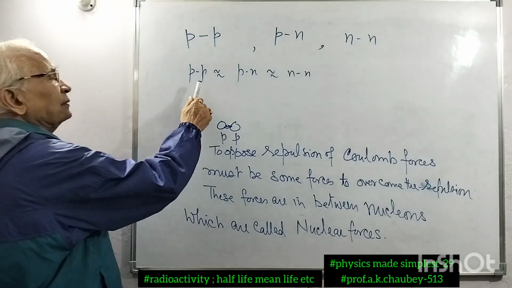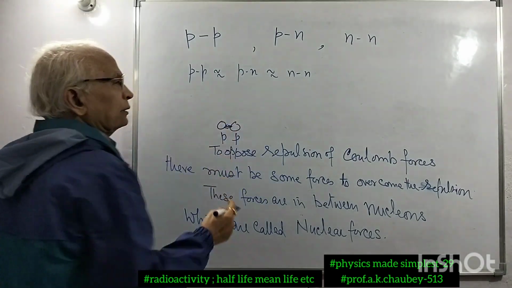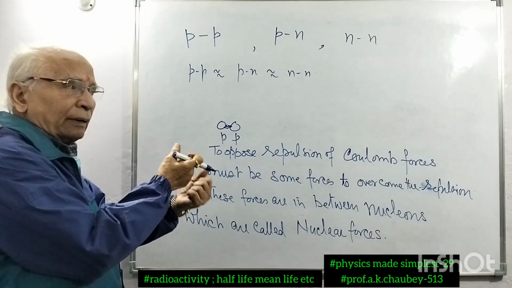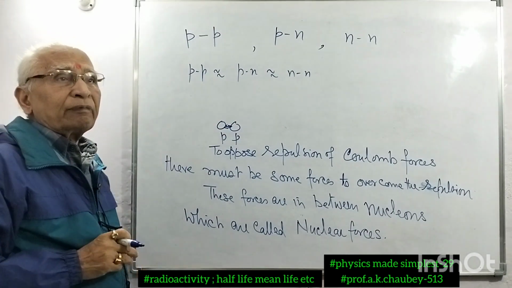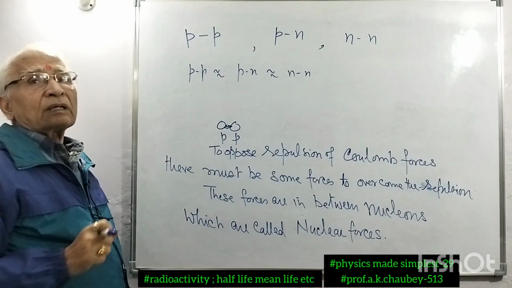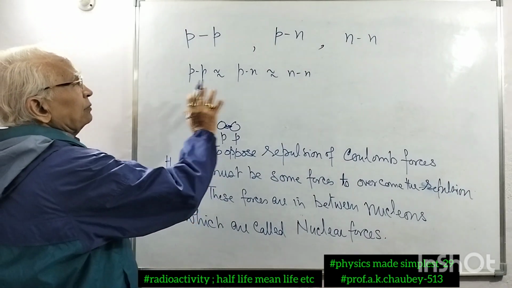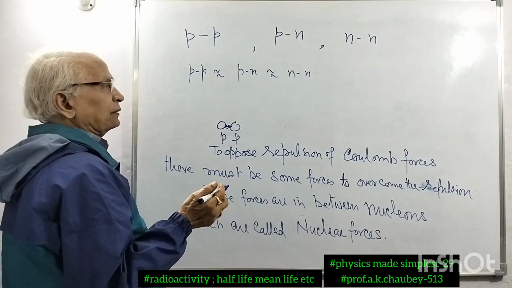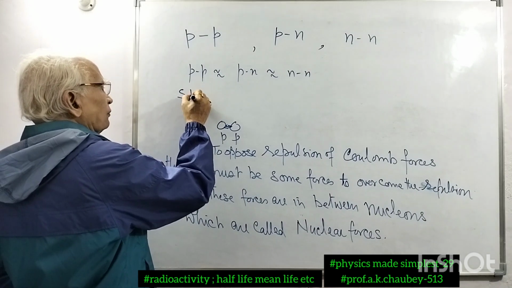The stability reason is that each nucleon has some attractive forces which are much stronger than the Coulomb repulsive forces to keep the system stable, and hence the systems remain stable.